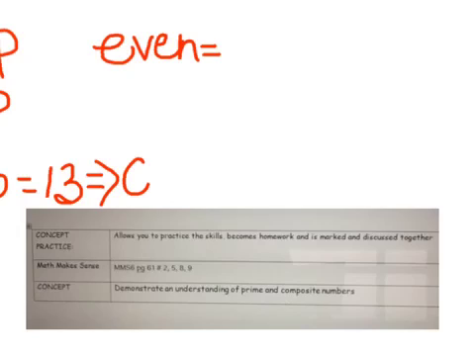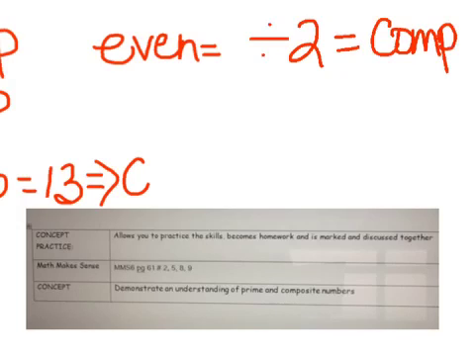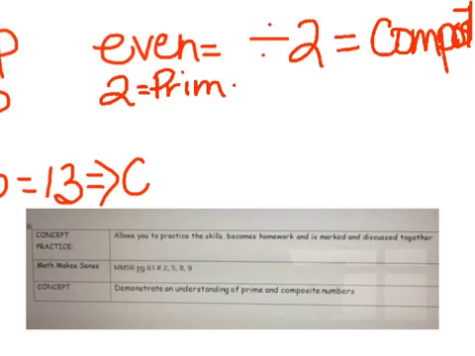Well, if it's an even number, we know it can automatically be divided by 2, so that would mean that it is a composite number. The only number that does not apply to this is the number 2, because the number 2 is actually prime, because it only has two factors, 2 and itself.